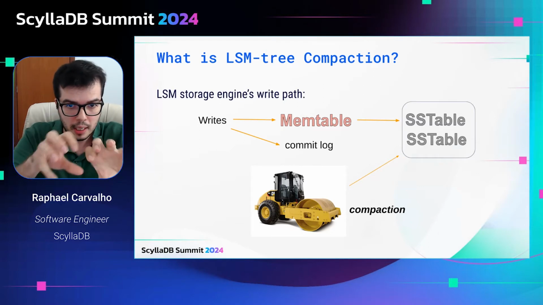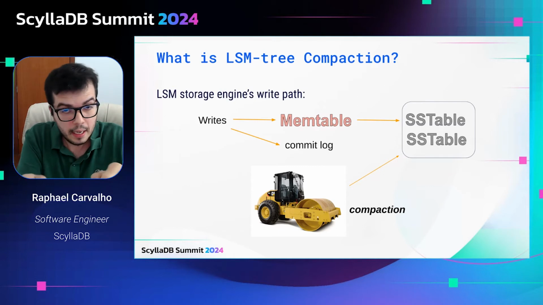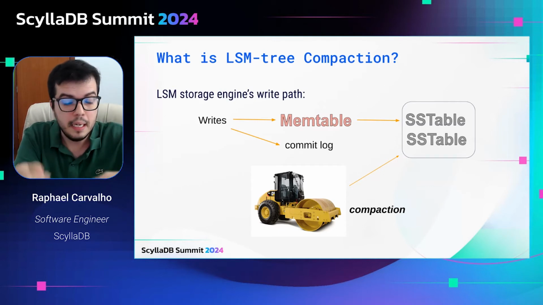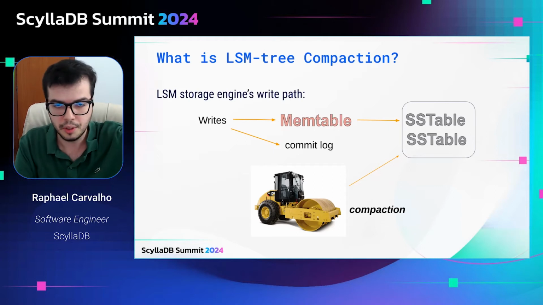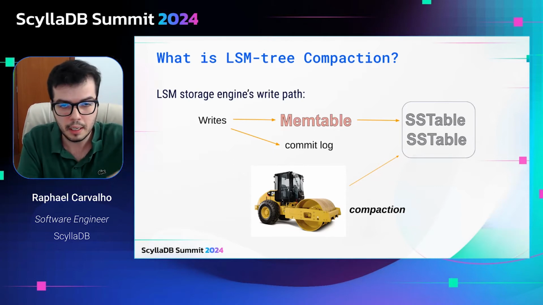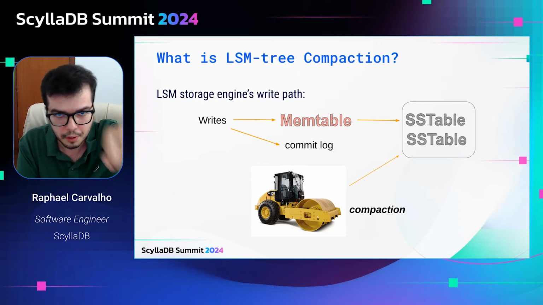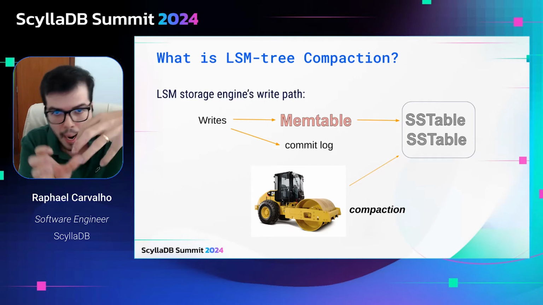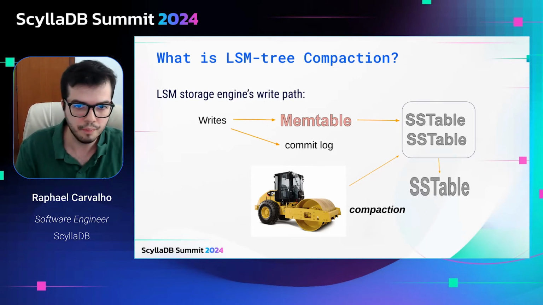Merging those SSTables together is an efficient process, and the reason for that is that all the files are sorted, so we can apply a k-way merge algorithm, which is like iterating through the sorted data in each file, combining them, and outputting the most recent information.